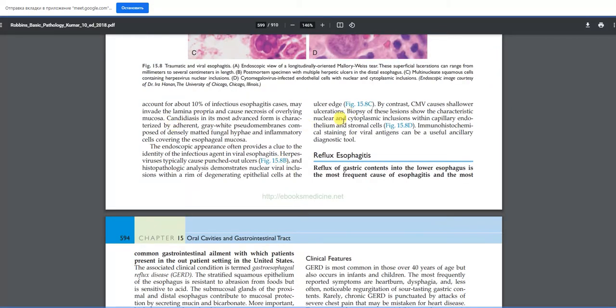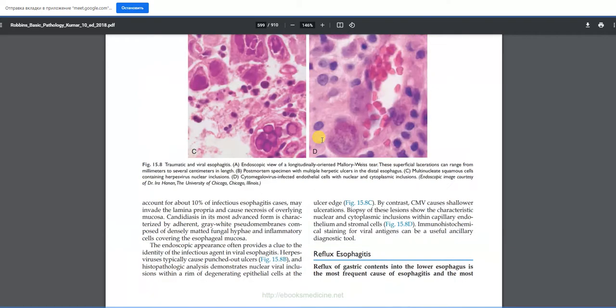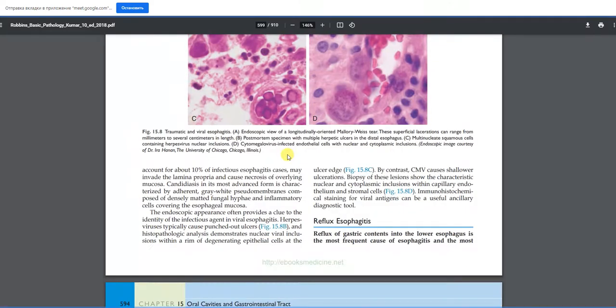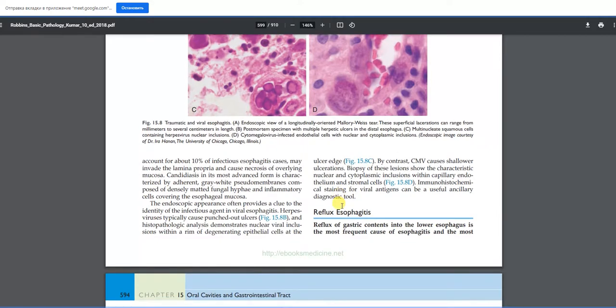Of course it's necessary to differentiate this from neoplastic disorders of the esophagus, because chronic untreated inflammation in this area might lead to metaplasia, dysplasia, and cancer.